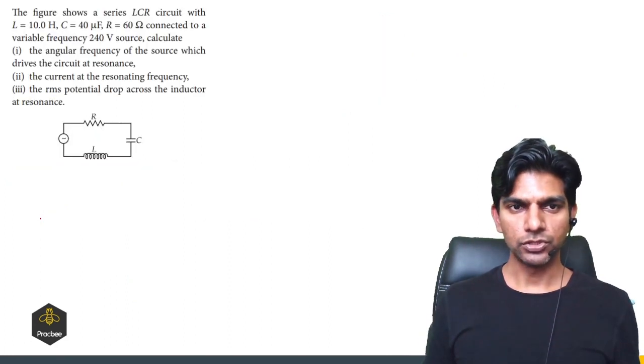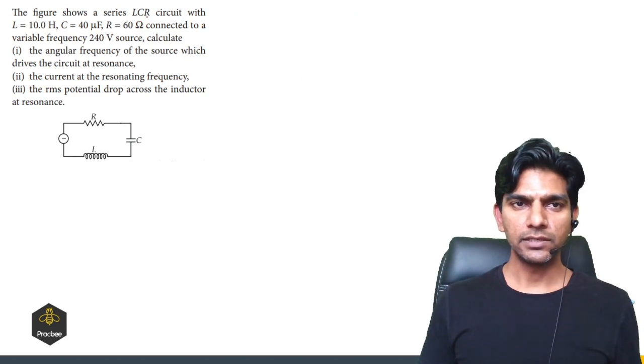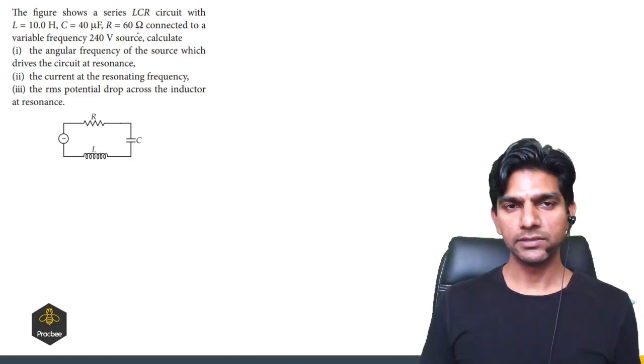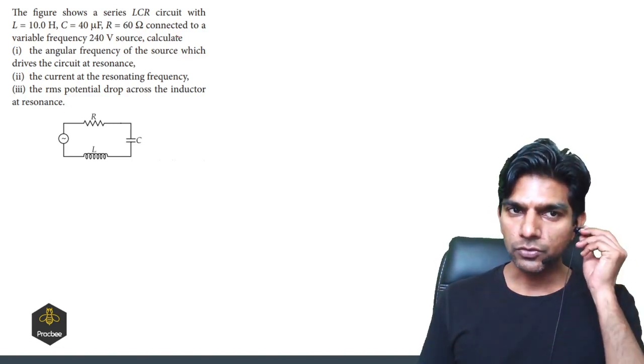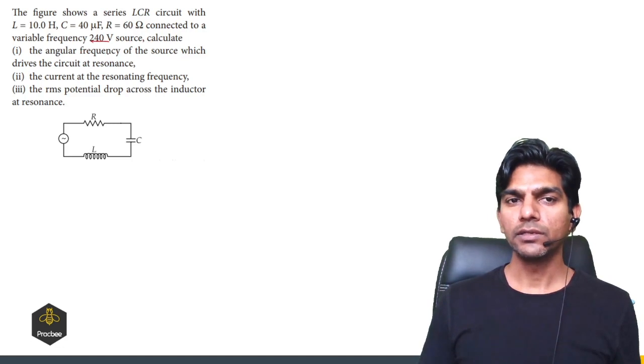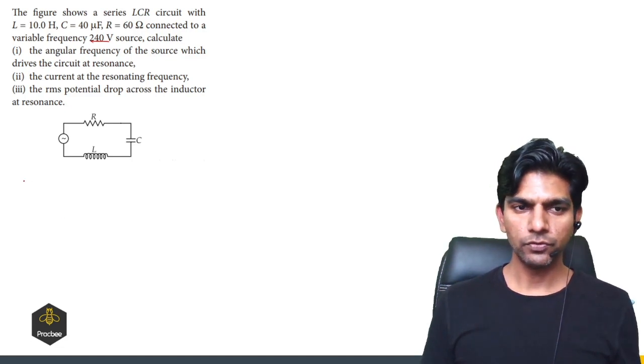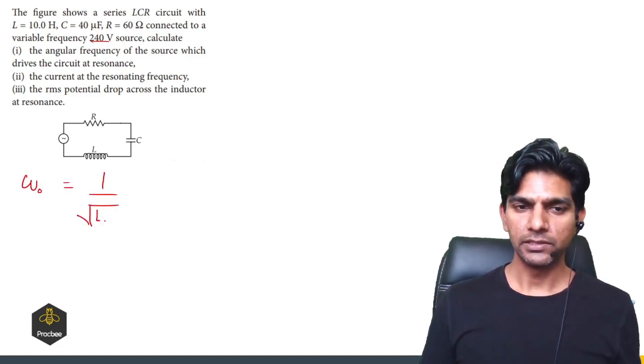Now let us see a question. The figure shows a series LCR circuit with L equal to 10 Henry, C equal to 40 microfarad, and R equal to 60 ohms, connected to a variable frequency 240 volt source. Calculate the angular frequency of the source which drives the circuit at resonance. So we know the resonating angular frequency is 1 upon root LC.